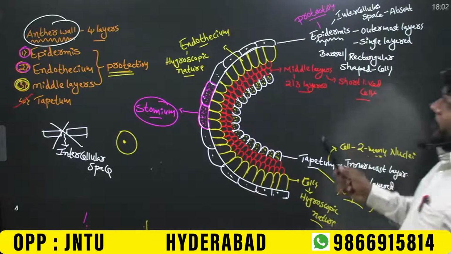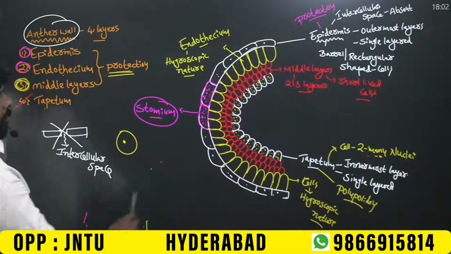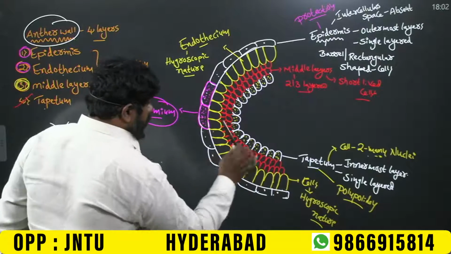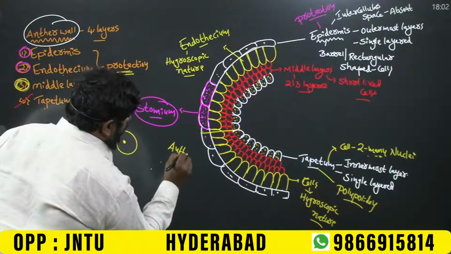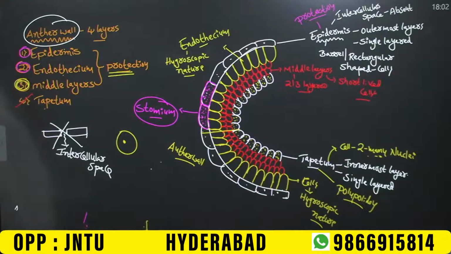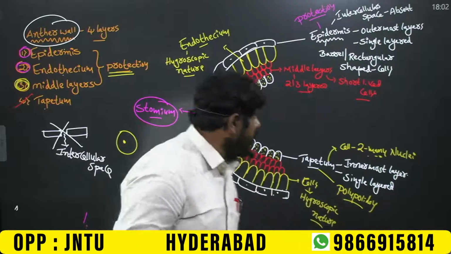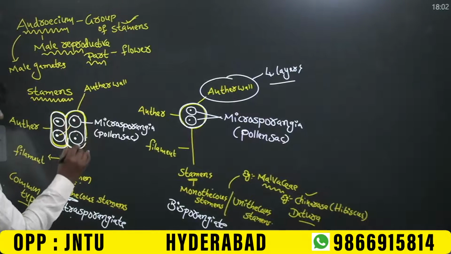So these 4 layers, epidermis, endothecium, middle layer, tapetum, are collectively called the anther wall.